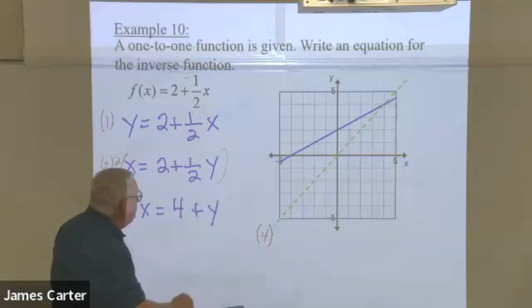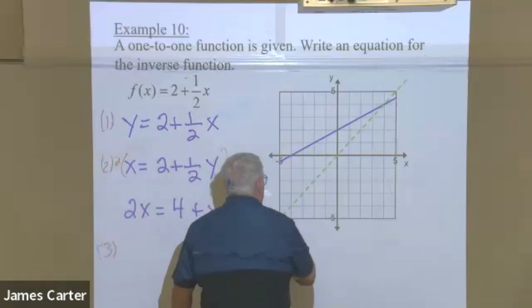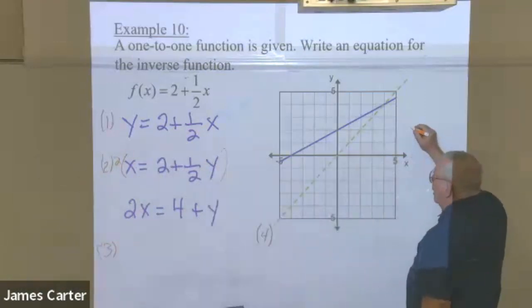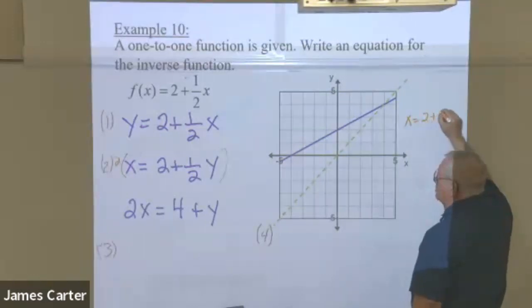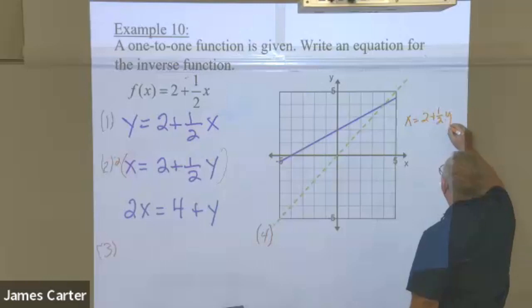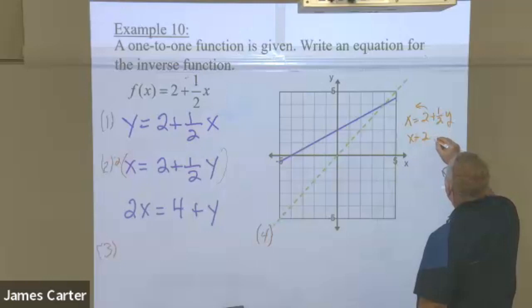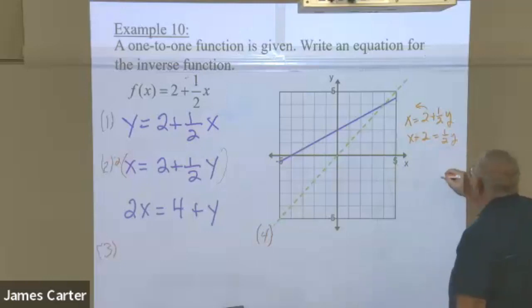You also could have done that, right? If you got x equals 2 plus 1/2 y, you can take the 2 over and get x minus 2 equals 1/2 y.